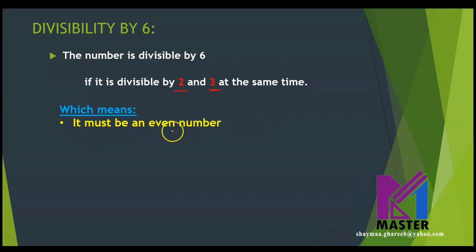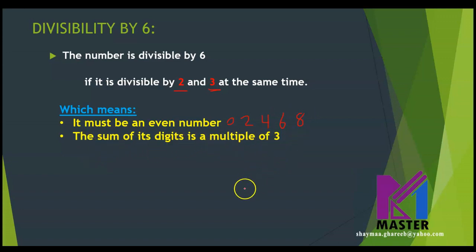That means it must be an even number. Why? Because it has to be divisible by 2, which means it has to end with 0 or 2 or 4 or 6 or 8. And the sum of its digits is a multiple of 3.